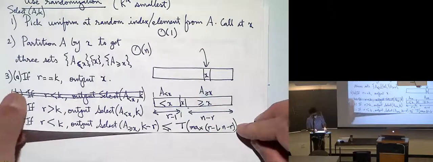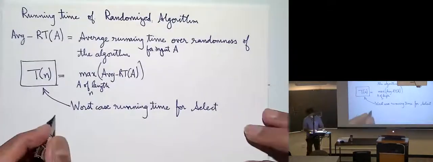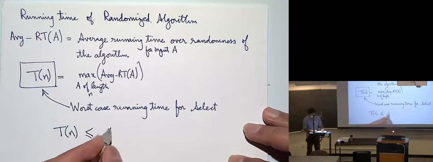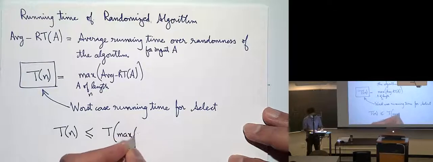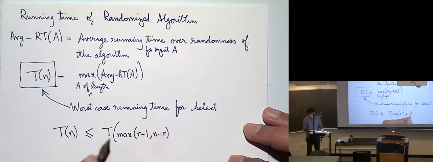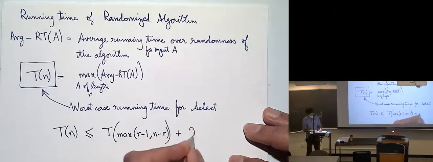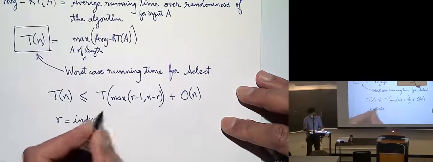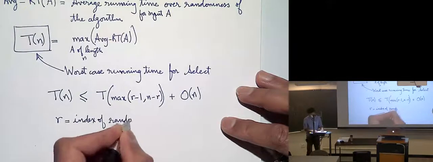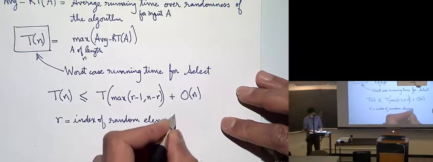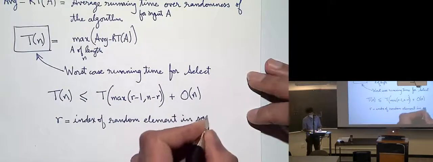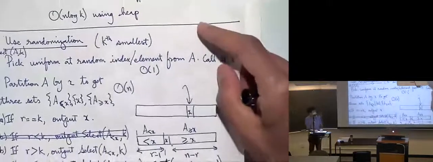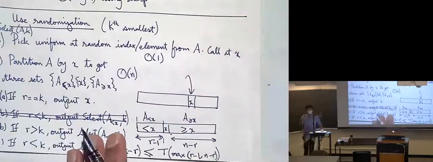So I'm just going to write down that recurrence here, that T of n is at most T of the max of r minus 1 and n minus r, plus O of n. And what is r? r is the index of the random element, the index of the random element in sorted order. Precisely, r is the position of that element.